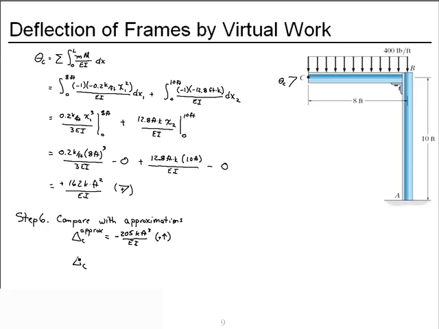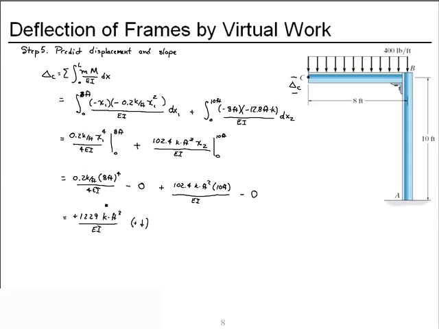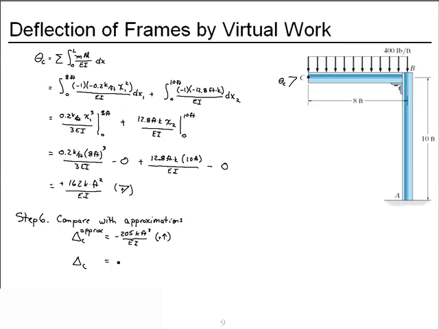And using virtual work, we predicted that it would be a positive 1,229 kip-foot cubed over EI, where down is positive. So when we compare these two, our directions turn out to be the same, even though they're of different signs. Our sign convention changed between the two methods.